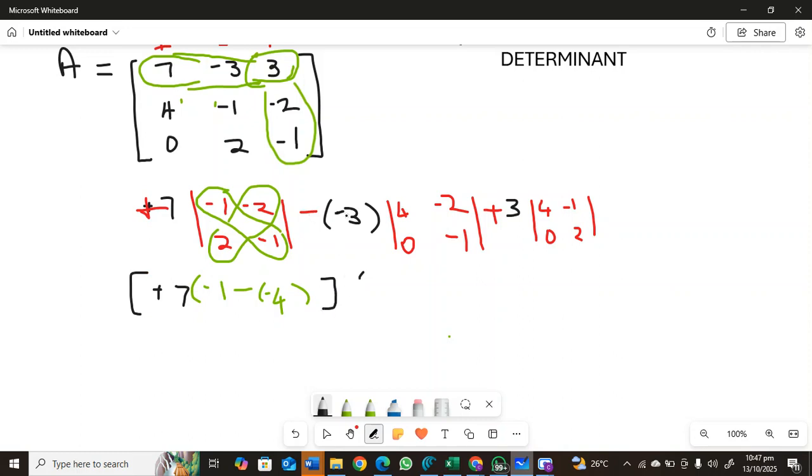This negative and this negative make positive. So we have plus, here with this 3, put it outside here. You get the mini determinant. So you're going to say 4 times negative 1. You're going to get negative 4, minus 0 times negative 2, that is 0.